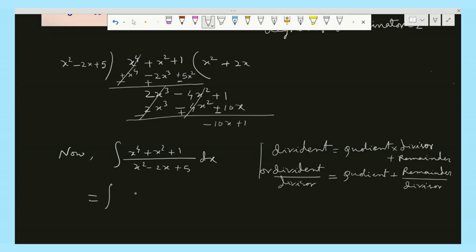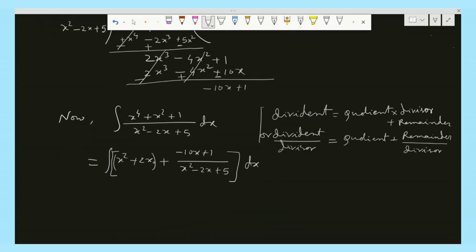So the integral is x square plus 2x, within bracket, plus the remainder minus 10x plus 1 by the divisor x square minus 2x plus 5, whole bracket, dx.